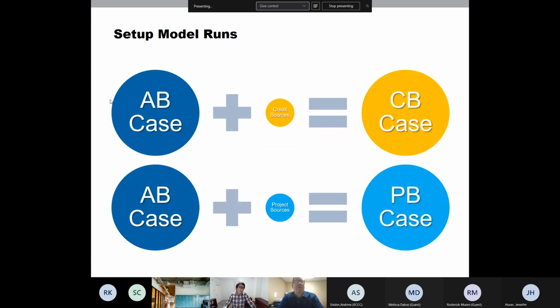It's basically the AB case, the state case, plus your credits. We add some sources in there. It's still significantly more effort than typical dispersion modeling using AERMOD, considering setting up all those runs in Linux, running CAMx or CMAQ.